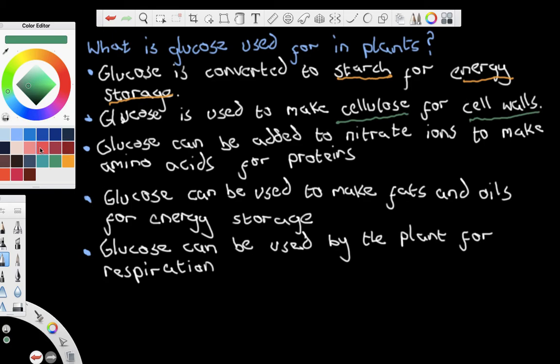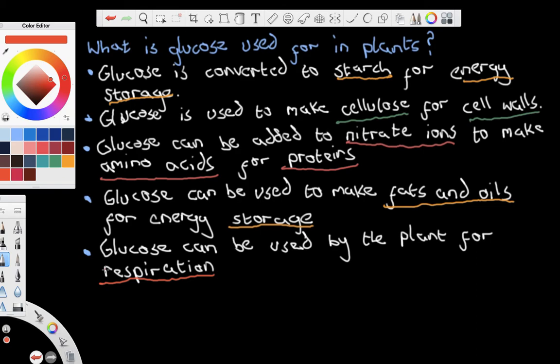Glucose can be added to nitrate ions to make proteins, basically to make amino acids to build proteins. It can be turned into fats and oils, again, much like starch, for energy storage. And it can be used in respiration. Okay? Respiration is an important one.